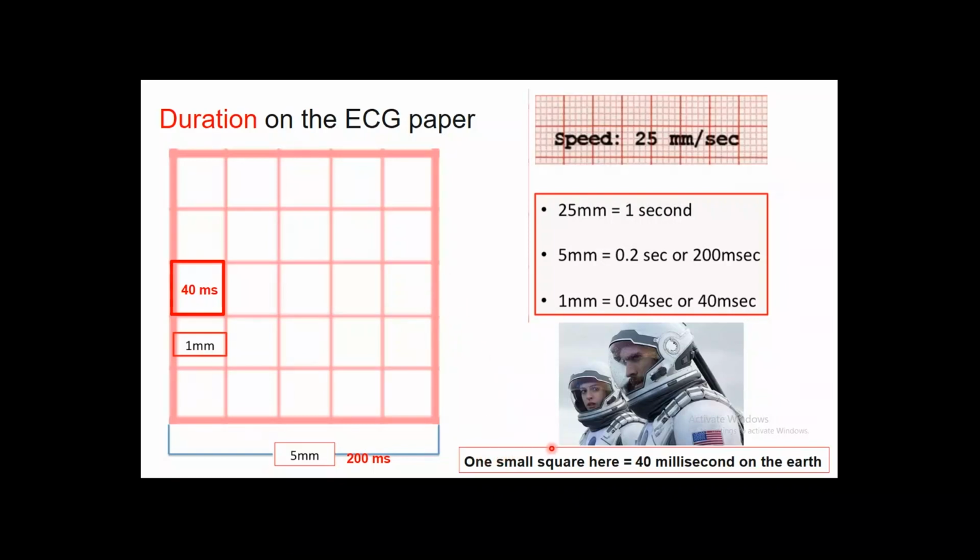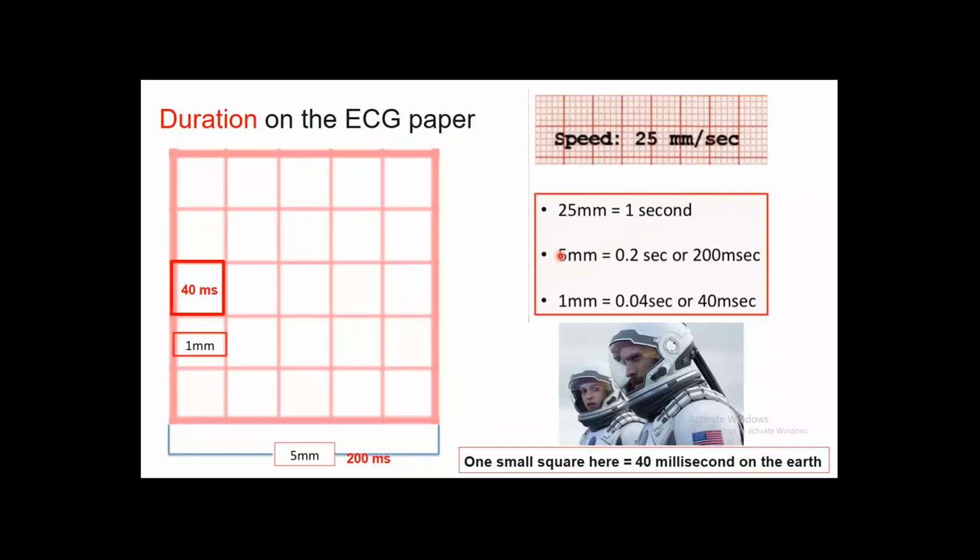Each small square in the ECG paper equals 40 milliseconds. How does this come about? Because the ECG machine prints at a rate of 25 millimeters per second.